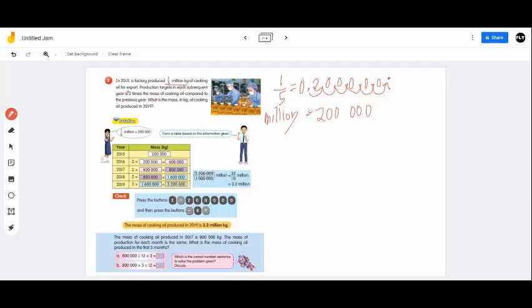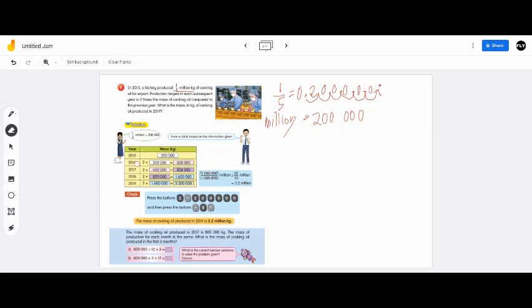Subsequent year means the next year is 2 times the mass of cooking oil compared to the previous year. So in 2016, it is 2 times the mass in 2015. So you have to 2 times 200,000 equals to 400,000.